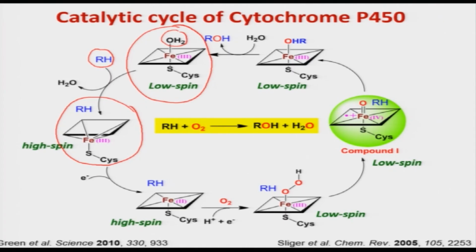Now, in the next step, this iron(III) undergoes a quick reduction in the presence of an electron, and this iron(III) transforms to iron(II), which is also a high spin complex. Once it forms this iron(II), it is ready to bind dioxygen, as we have seen in the case of hemoglobin and myoglobin.